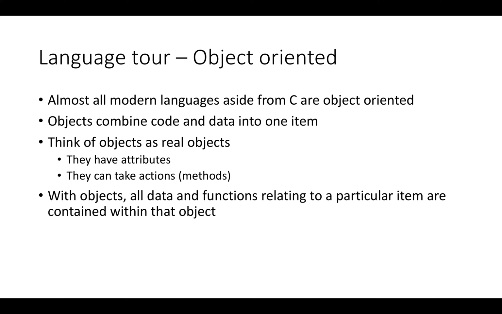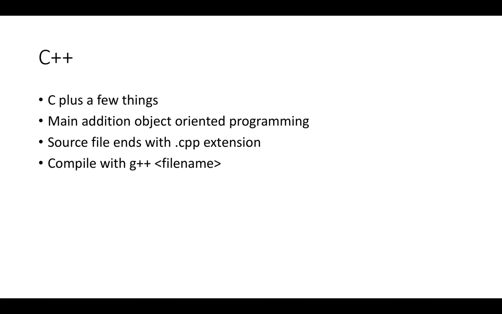So when we're thinking about objects, think about them like real objects. Objects have attributes, they can take actions, and we call those actions methods. And with objects, all of the data and functions relating to that particular item are contained within that object.